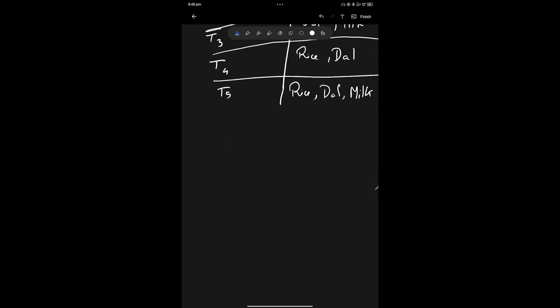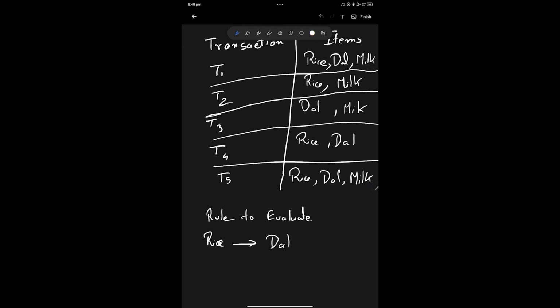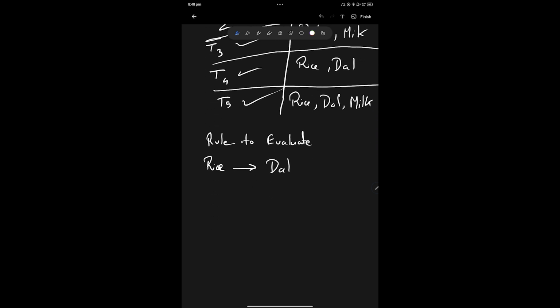Okay, now here the rule will be given. The rule to evaluate is given from rice to dal. Now if you see here how many total transactions there are: 1, 2, 3, 4 and 5, right?